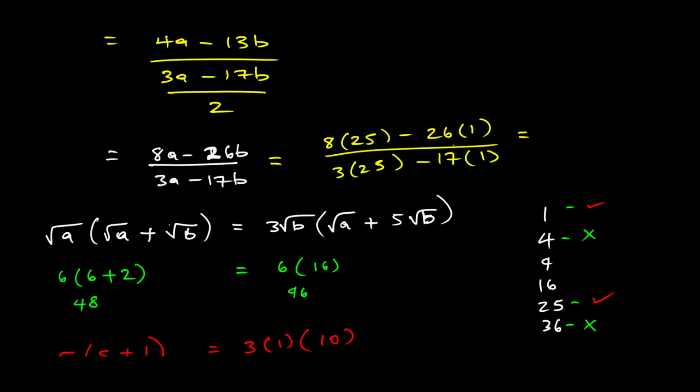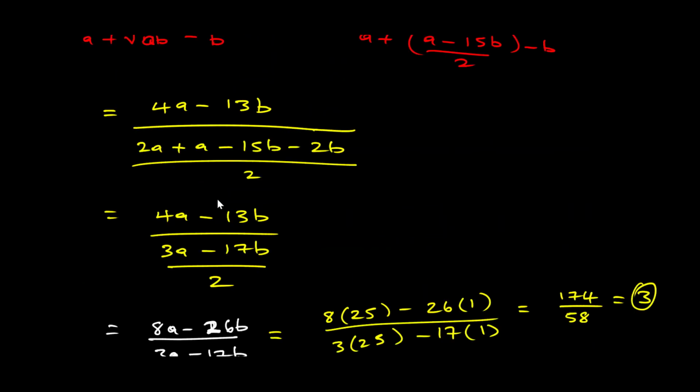So this is now 174 over 3 times 25, 75, minus 17, that is 58, and this is equal to 3. So the answer for this is 3.